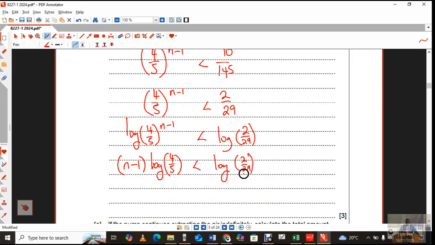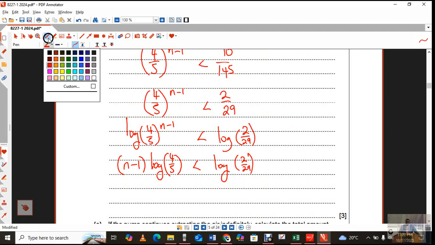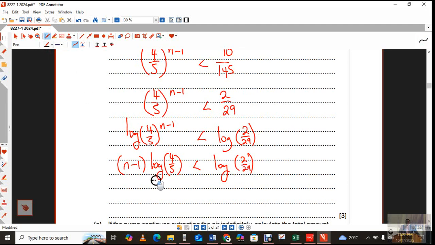Now here's something very interesting. Because I need to get rid of this by dividing here by log 4 over 5, and I'll also have to divide here by log 4 over 5. But a very interesting point that I want to bring is that when you have a log of a fraction, okay, and the fraction should obviously be greater than 0, should not be negative.